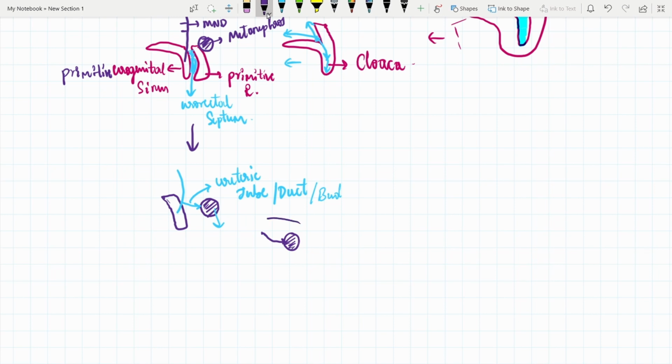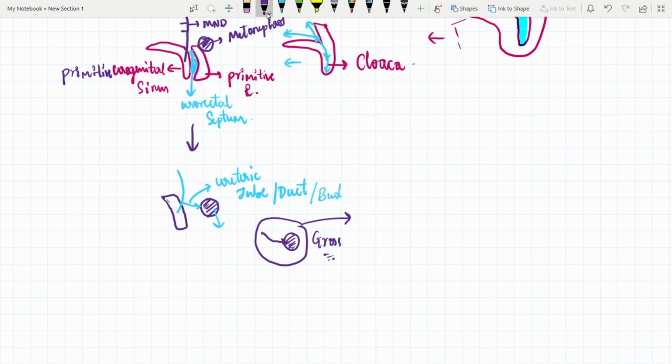Now, this is the gross appearance. I will show the microscopic appearance. You know, in kidney, nephron is microscopic, right? And also collecting tubules are also microscopic. So if you see in microscope, you can observe the changes.